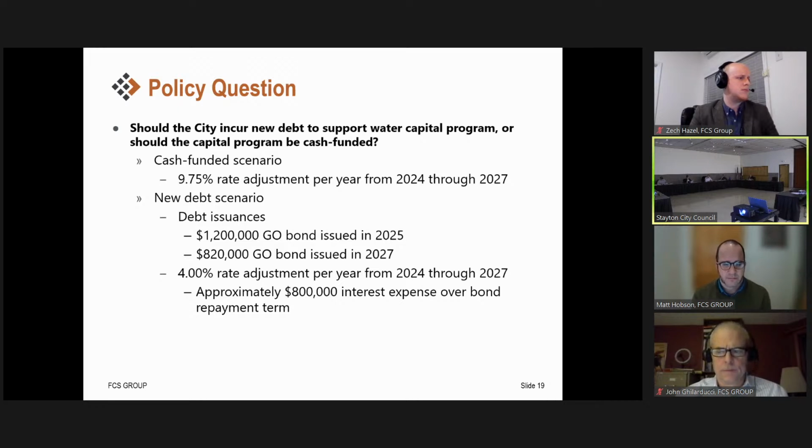Maybe find a couple more scenarios, but I like the idea of spreading that out and taking on the debt, because the things that we're doing now don't just affect the ratepayers now, they are kind of futuristic improvements as well, and therefore future ratepayers would benefit from them as well. So I like that idea and not having to put all the burden on right now. Now, obviously, we need to do something, so.